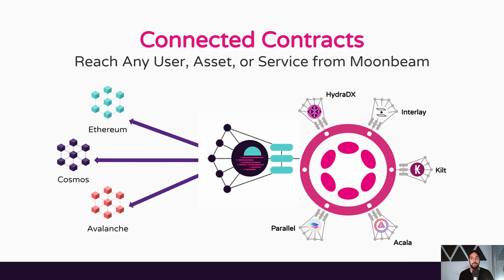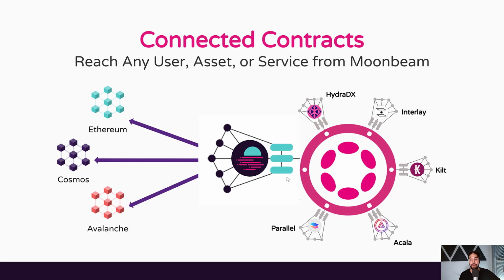Within the Polkadot ecosystem, Moonbeam will provide very advanced EVM compatibility, where you have all the tools and assets that you would need. But we're also going to use GMP protocols, or general message passing protocols, to connect to blockchains like Ethereum, Cosmos, and Avalanche. And this is a bidirectional connection, right?